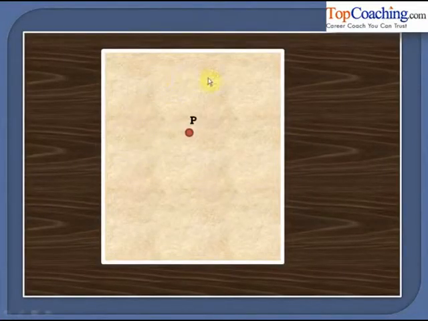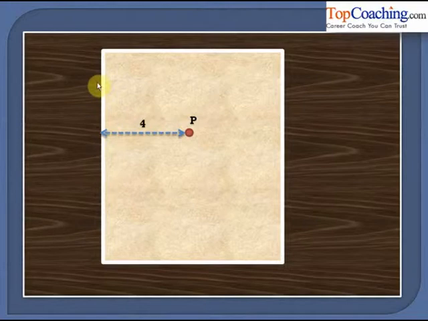Now let us say that this is a piece of paper and there's a point P located here. If I ask you what is the exact position of this point, you won't be able to tell it precisely. So if I say that this point is at a distance of 4 units from this edge of the paper, this may help a bit.